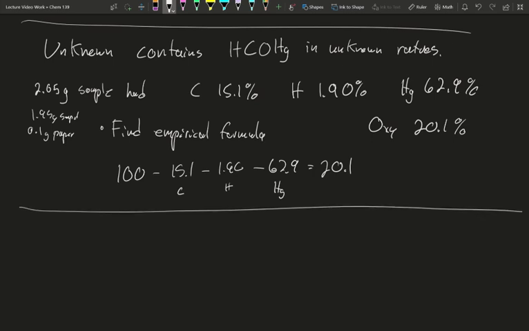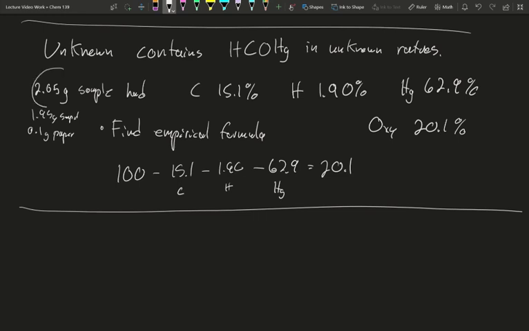Once we have that, that allows us to find the empirical formula. We wouldn't have been able to find it for oxygen if we didn't know how many moles of oxygen we had, but we can presume the moles of oxygen based on the remaining percentages in this molecule that should have come from oxygen. Well, for this, I need to calculate out some masses of each thing so I can then find moles.